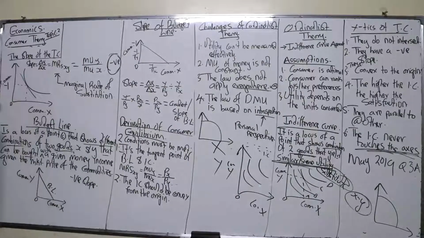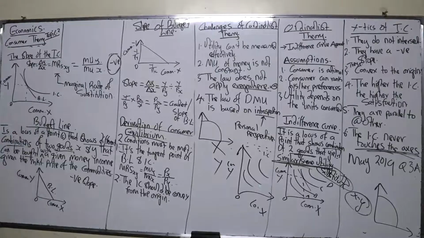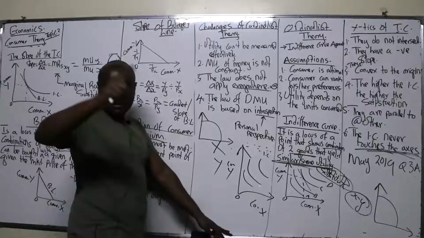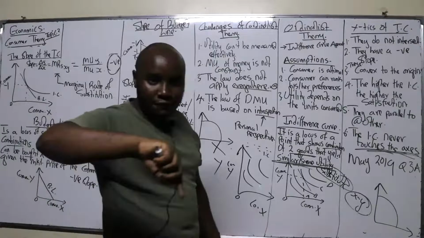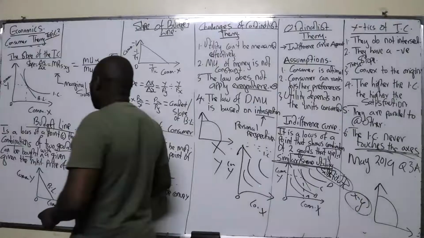Diagrammatically, it's more or less the same as this one, whereby this can be represented as the budget line and this as the indifference curve, because the budget line is a straight line. In this one, it is a curve. It's a convex graph. So you can also draw them diagrammatically here.